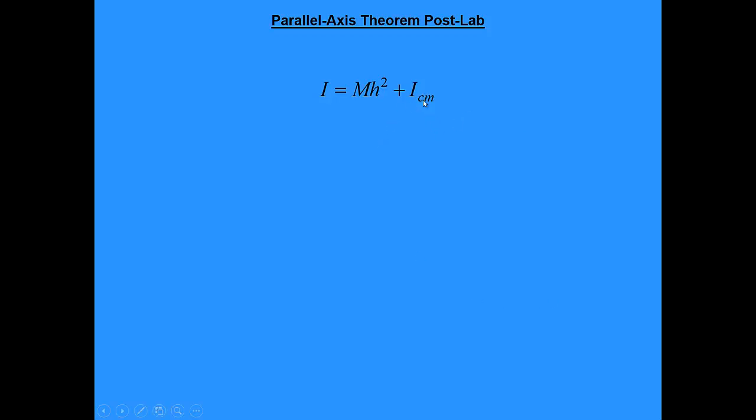And since it's addition, I can flip the order. This is just a scalar equation after all, because rotational inertia is just an amount of inertia.